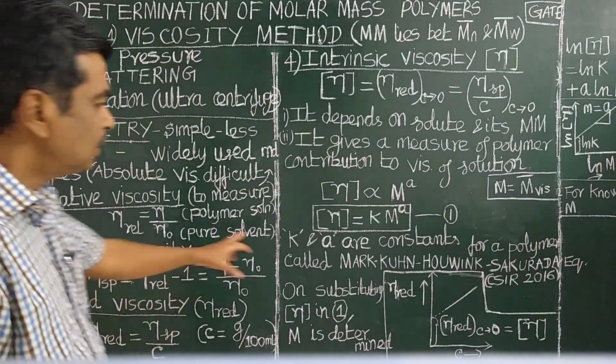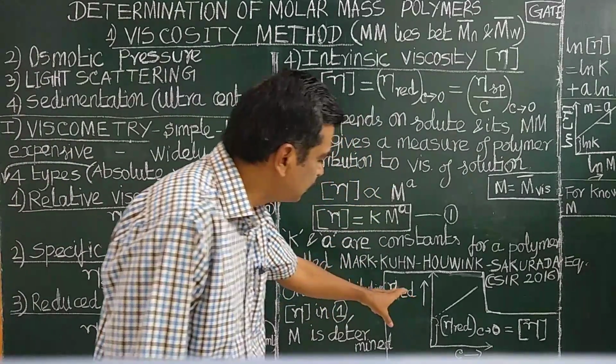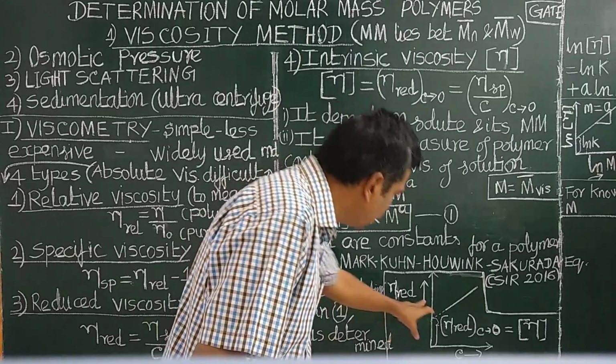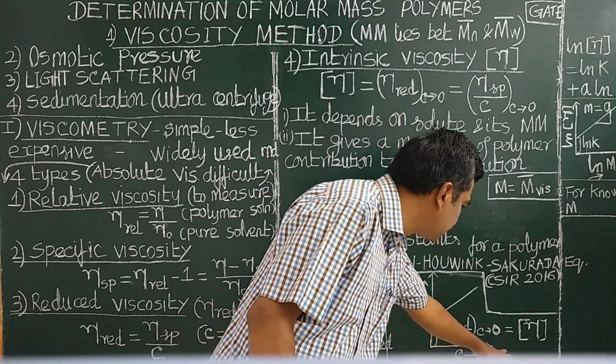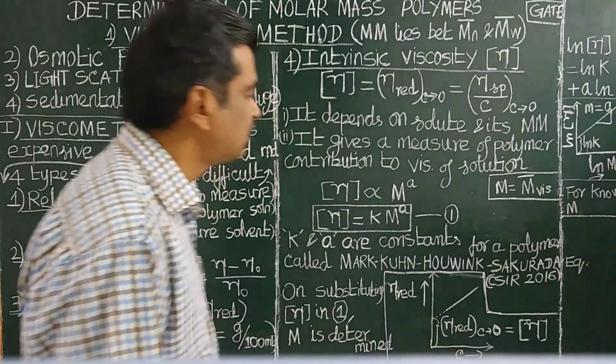Now, let us plot reduced viscosity versus concentration. A straight line plot is obtained.